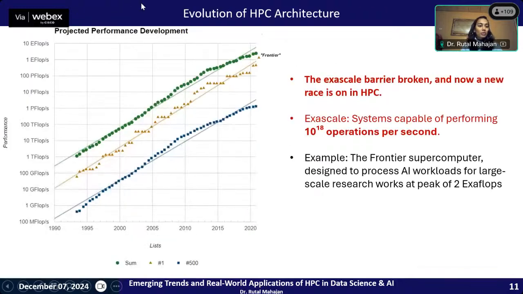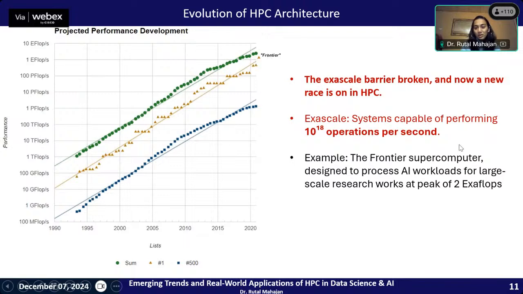Here, I'm not going into much detail of HPC architecture, as I think this was covered very nicely in the very first session by Professor Raghunandan Mathur, regarding how it evolved from simple CPUs to exascale computing. But we can see that the exascale barrier was broken in 2020, in the race in HPC.